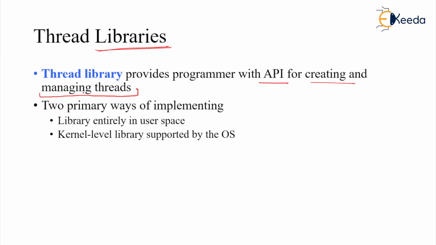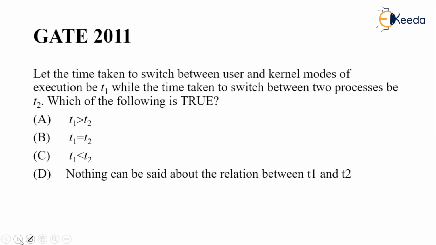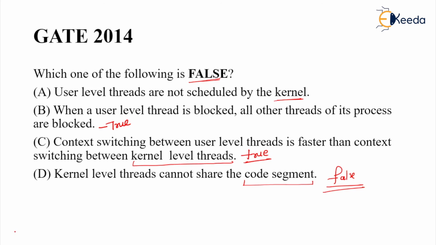The thread library is responsible for managing these particular threads, and they are not scheduled by the kernel. So this statement is also true. So that goes with option D, that kernel level threads cannot share the code segment. That is a false statement.